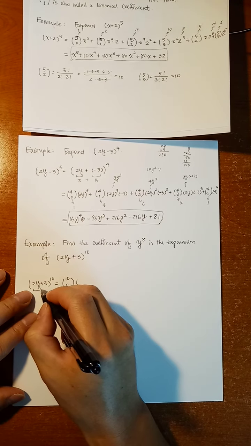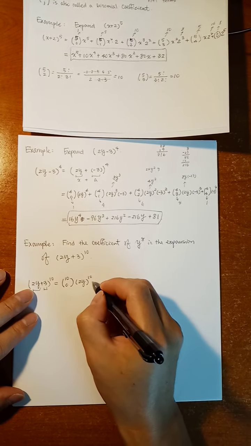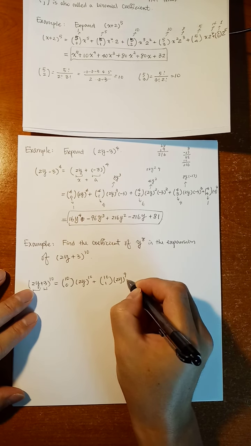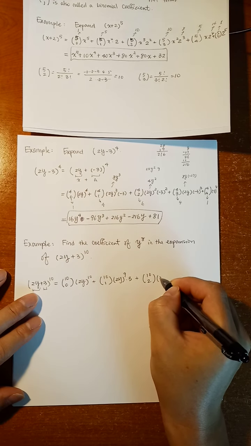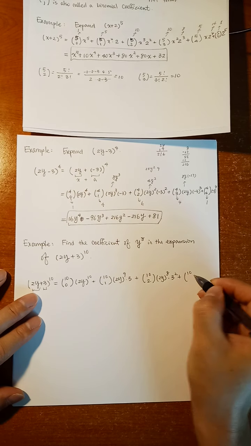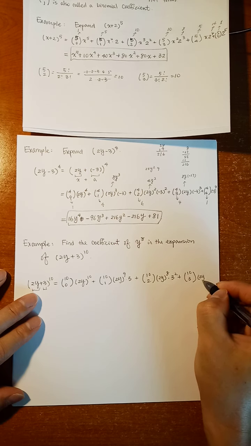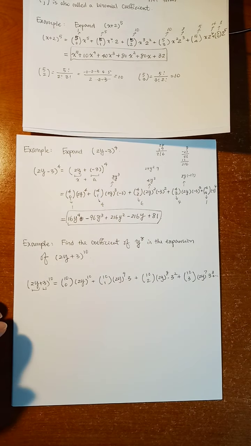This is x, this is a. So it's 2y to the 10th power. And 10 choose 1, 2y to the 9th power times 3. 10 choose 2, 2y to the 8th power times 3 squared. 10 choose 3, 2y to the 7th power, 3 cubed, and so on.